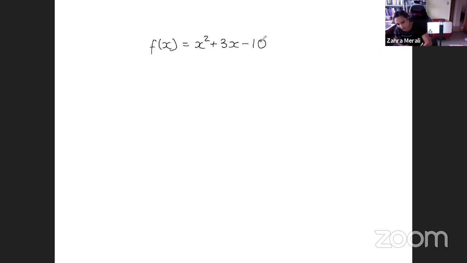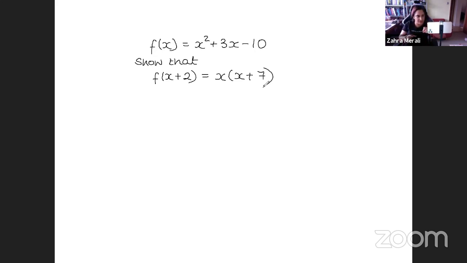And they've said to you, show that f(x) plus 2 equals x plus 7. Show that is nice when you get the answer, but they can be frustrating when you don't. So you're now looking at what's the connection from this bit to the second bit.